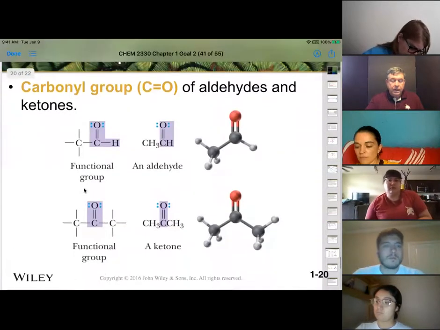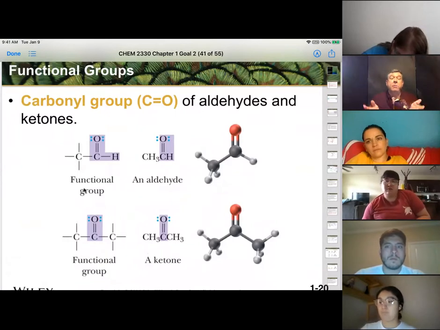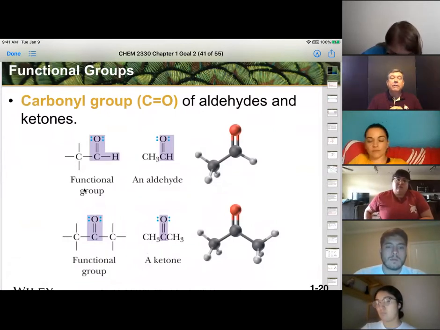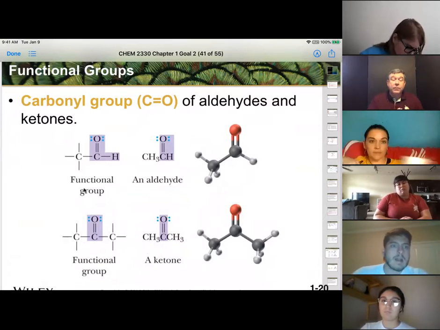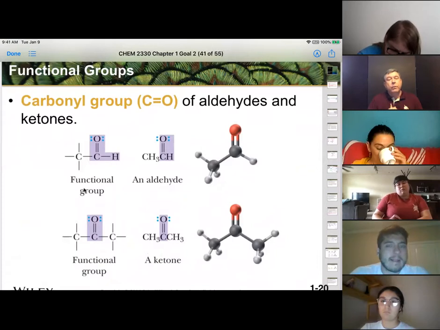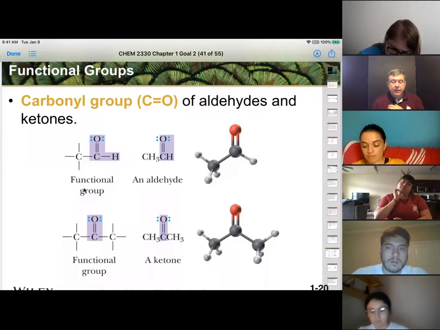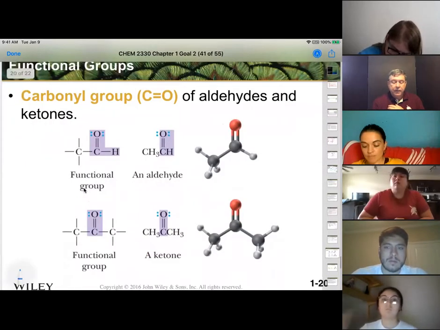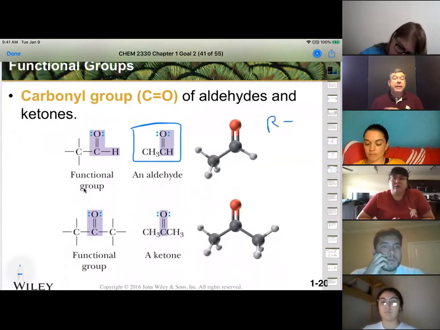Okay, the next functional group actually has probably the most diversity in it. It's the things that involve the carbonyl. A carbonyl is when you have a carbon double bonded to an oxygen. This gives rise to actually more than 4 different functional groups. The most basic would be something like this right here, where we have an R group, which can be any long chain, a short chain, anything.